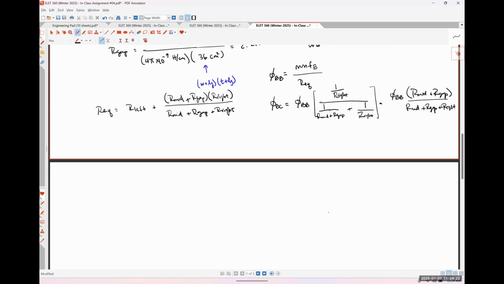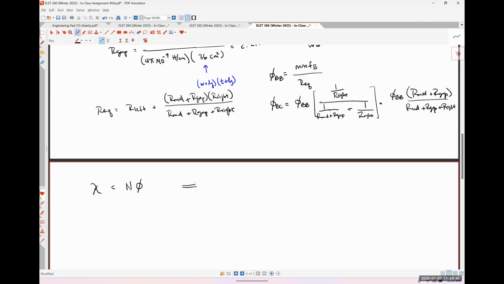Okay, so looking at Sam's notes here for just basic relationships. Flux linkage in general is just the number of turns times the amount of flux, right?